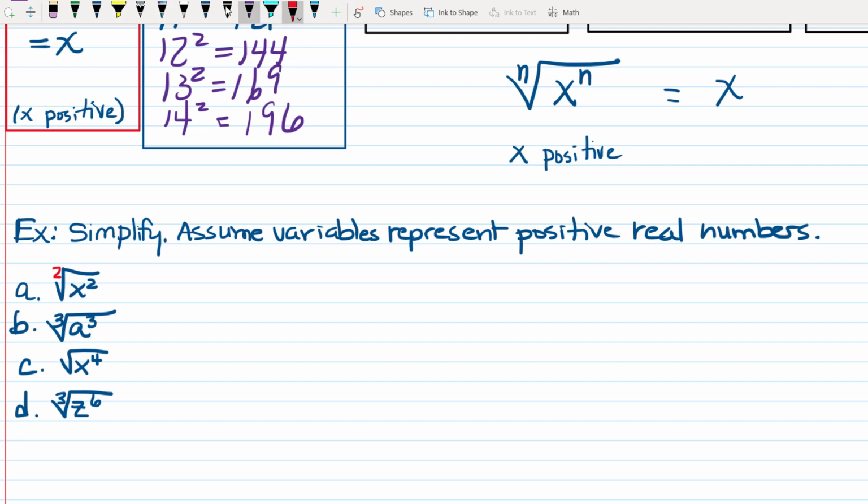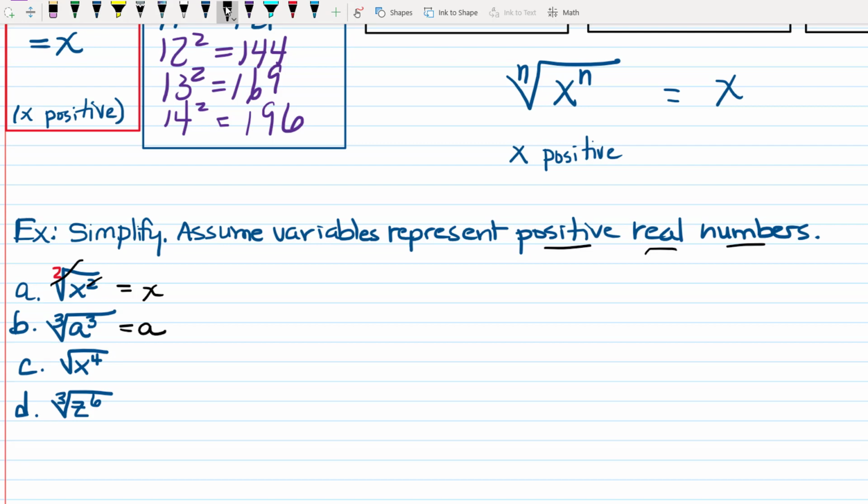So the square root of x squared, since x is assumed to be a positive real number, things get a little tricky when it's not. As long as it's a positive real number, the square root undoes the squaring, so we're just left with an x. Similarly for part B, the cubed root of a cubed, we're just left, since the index matches with the power, with just an a.